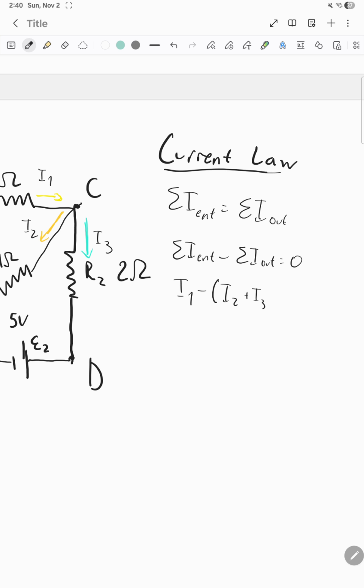So you'll have I1 minus I2 minus I3 is equal to 0. So that's for the current law.